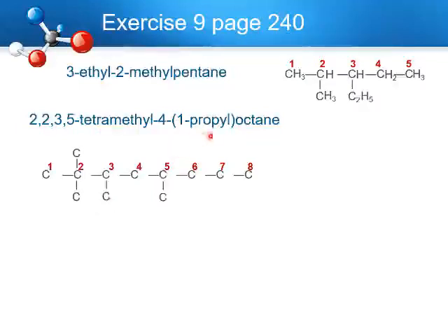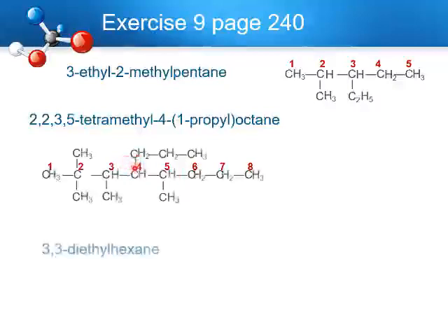A propyl group contains 3 carbons in its formula. We write 1 to indicate that the first carbon in the propyl group is attached to the main chain. So the first carbon is attached to the main chain, and we complete by writing the hydrogen atoms.